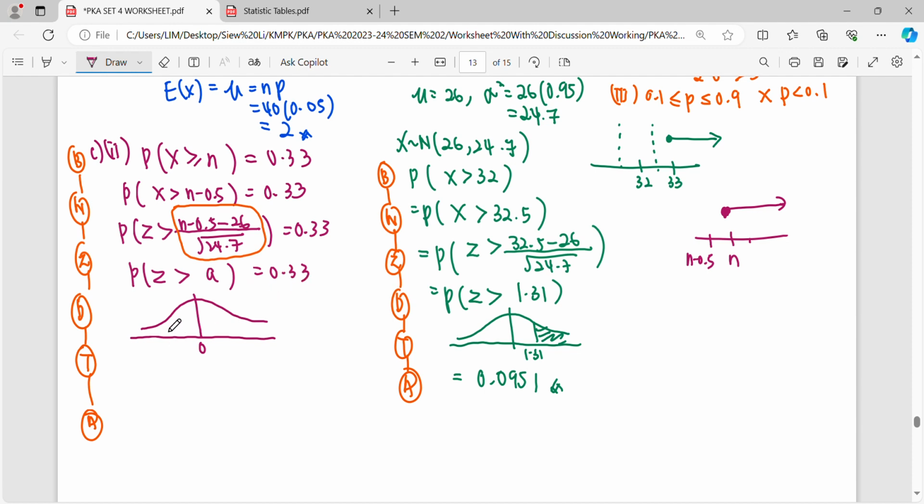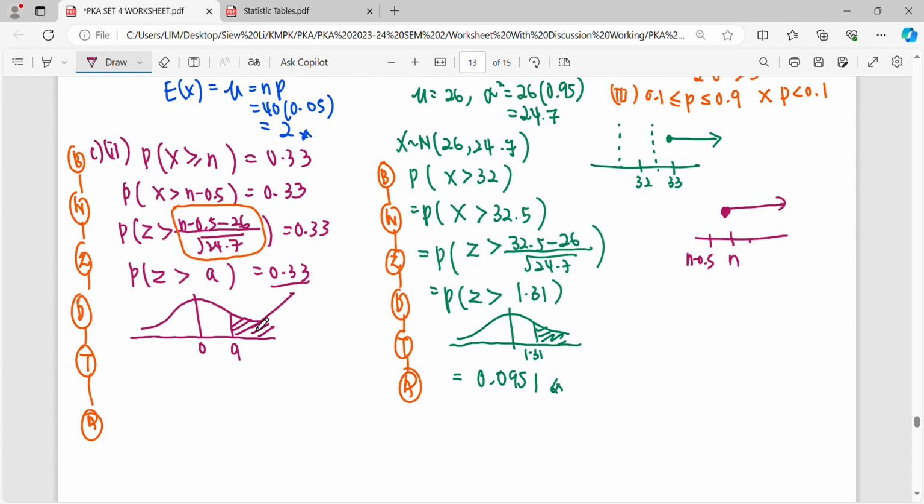If you guess a on the left hand side, the region for more than that is a big region, but this value never exceeds 0.5, not even reaching half. So the value and the region do not match. So your a is supposed to sit at the right hand side. When you're more than that, it gives you 0.33, so the value and the region will match.